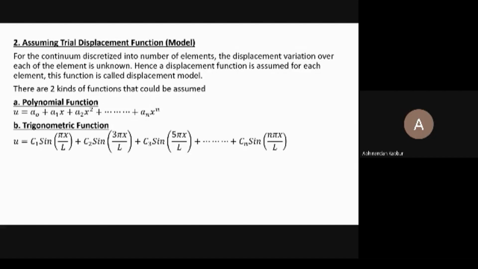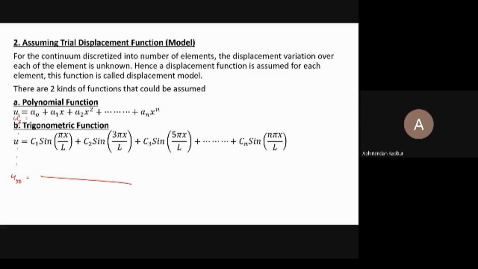Let us go with the polynomial function first. So u1 is the displacement in the first element. Similarly, u2 is the displacement in the second element. So on, u50 is the displacement in the 50th element. Are you following this?